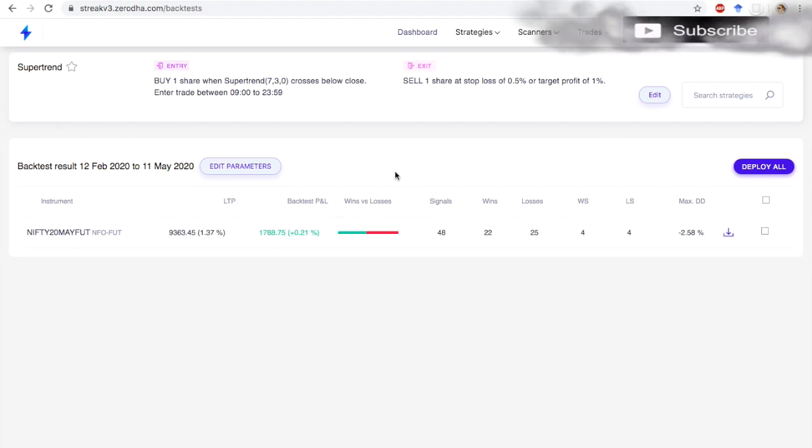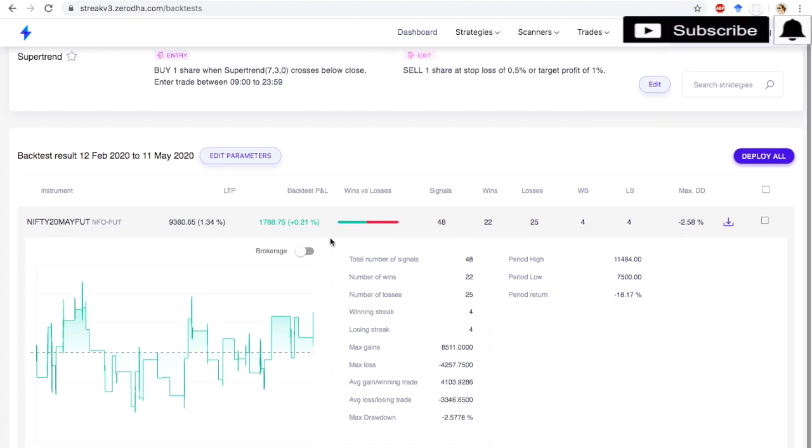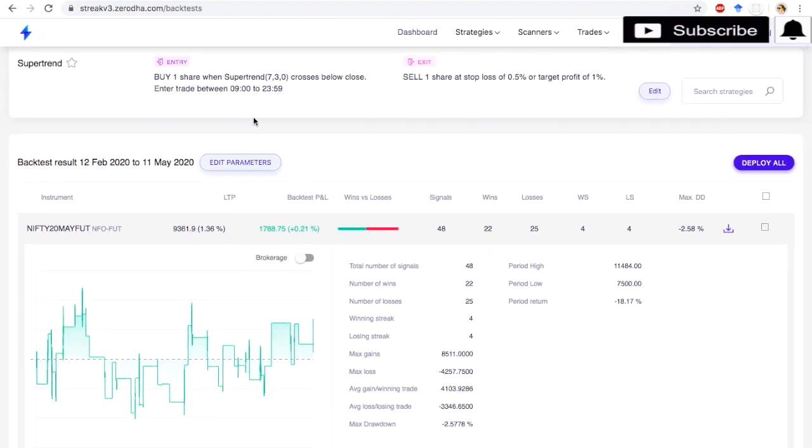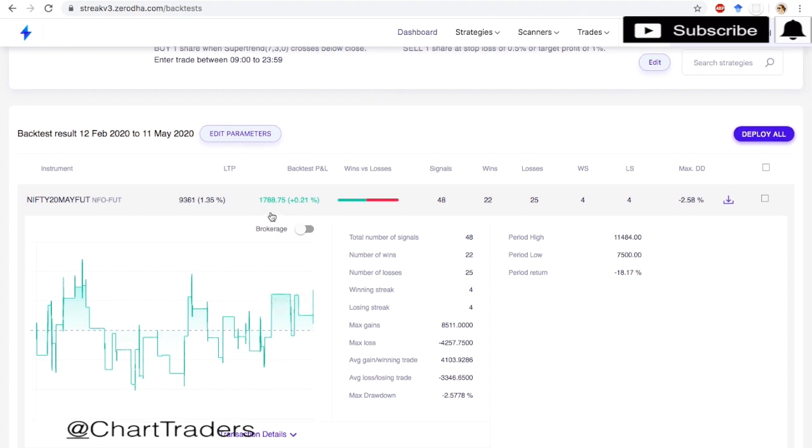So this is purely Super Trend. It is normally a trend following indicator. It shows the trend. But if you want to take trades only on Super Trend, in order to analyze that trading system, I have applied it on Zerodha. You can see 48 signals are generated, 22 wins, 25 losses, and the profit is only 1788.